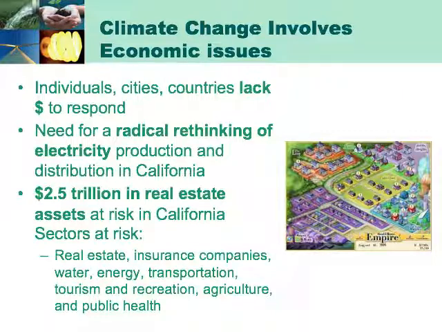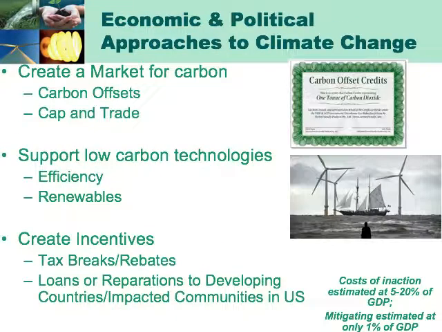However, if we do not have a radical rethinking of electricity production and distribution in California, it could be even more costly in the long run. Over 2.5 trillion in real estate assets are at risk in California due to climate change and its impacts in the decades to come. So what are some of the economic and political approaches to climate change?